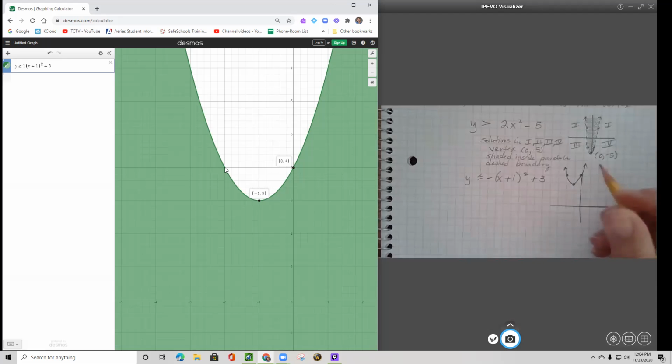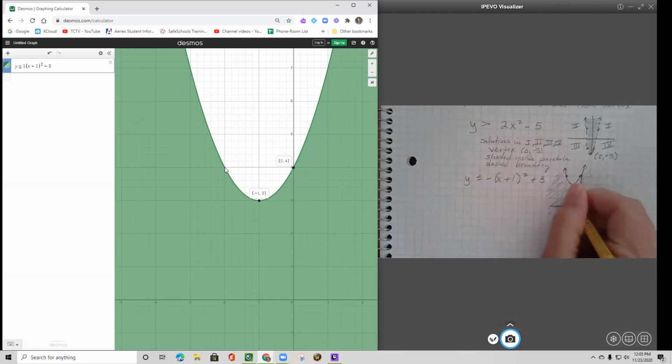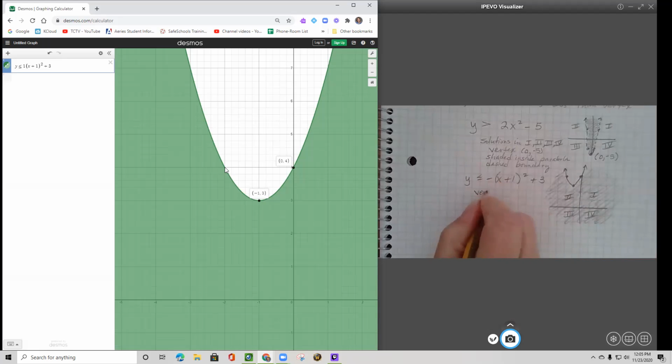And my solutions are everything less than or equal to the vertex, which is everything that's outside the parabola, which in this case is also in quadrants 1, 2, 3, and 4. My vertex is at -1, 3.